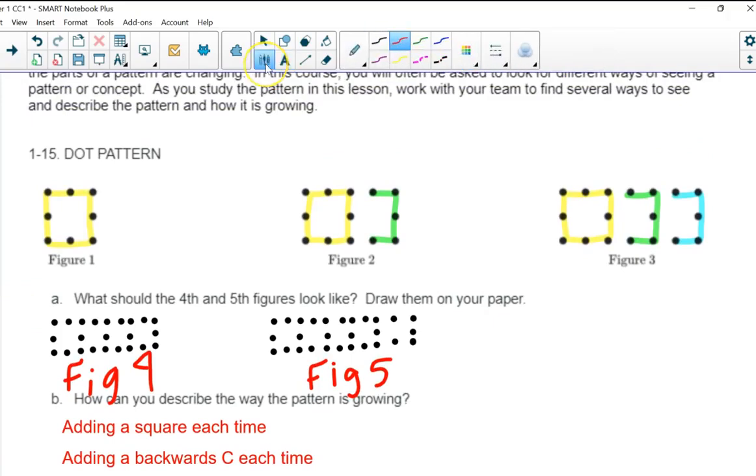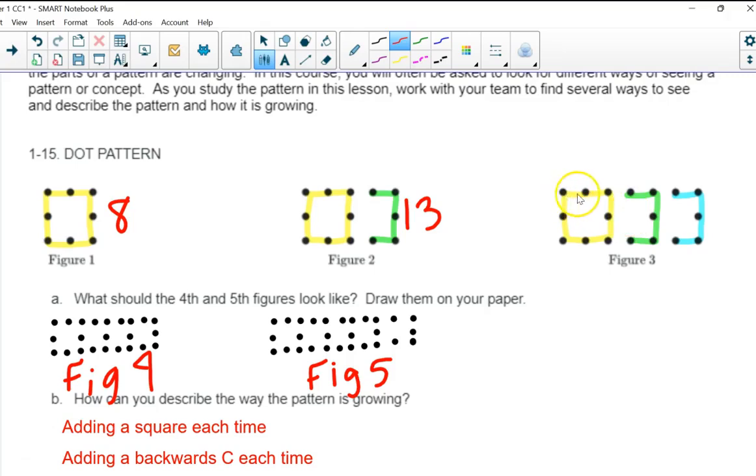Okay, so let's look at how many dots we have in each figure number. So if I count the number of dots in figure 1, I have 1, 2, 3, 4, 5, 6, 7, 8. Okay, then I have 1, 2, 3, 4, 5, 6, 7, 8, 9, 10, 11, 12, 13.